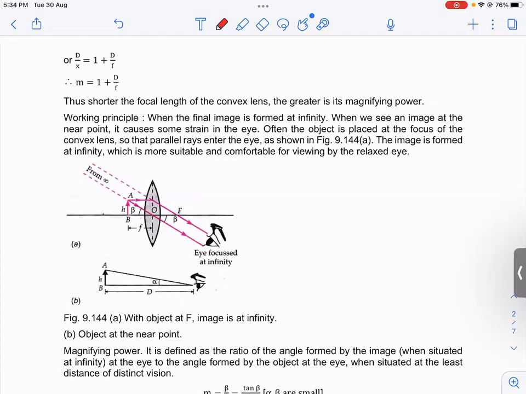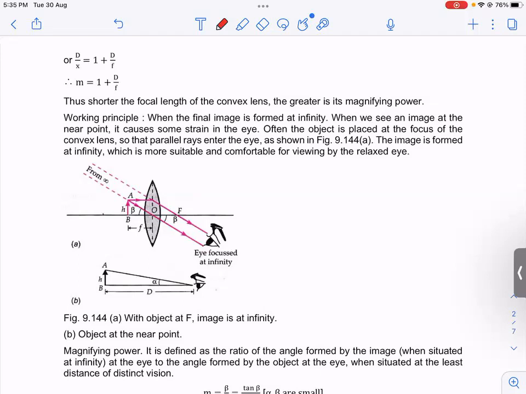Just to reduce the strain. That is why the situation where the image is formed at the far point is also called normal adjustment.